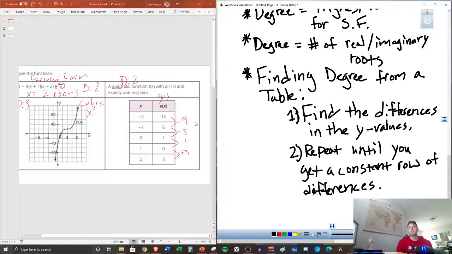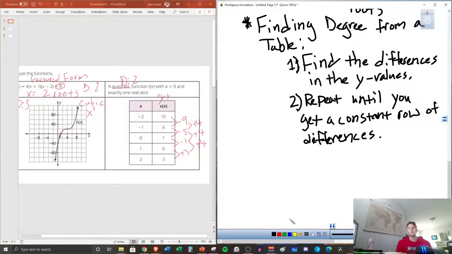Okay, so continuing over here, what is the next difference here? So this is -9 to -5 is plus 4. -5 to -1 is plus 4. Okay, good. That's a constant. And then -1 to +3 is plus 4. So there we go. We have a constant row of differences.